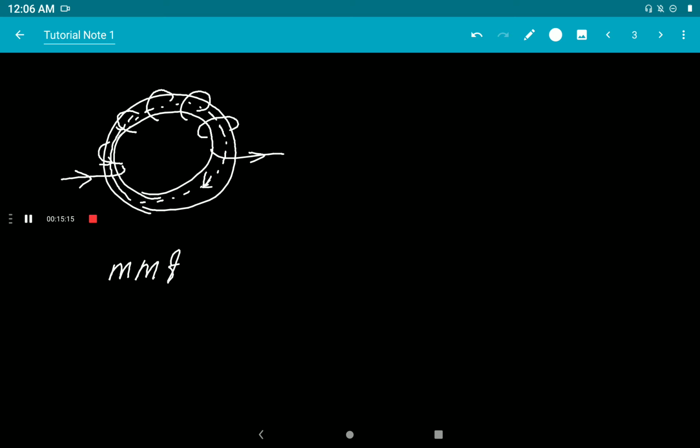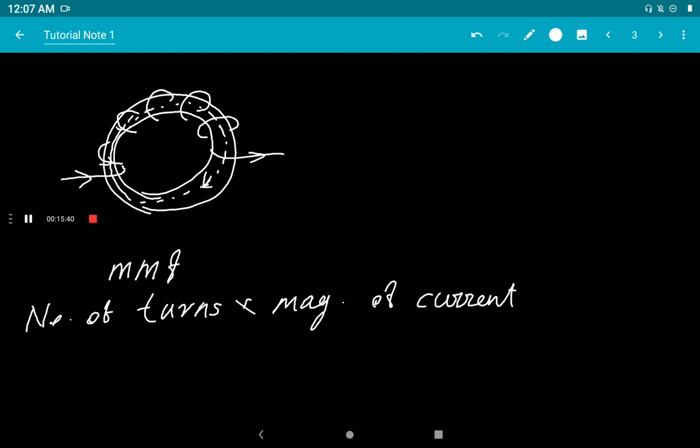It is the product of the number of turns and the magnitude of current. So we can also write it as MMF is equal to N times I, where N is the number of turns and I is the magnitude of current.